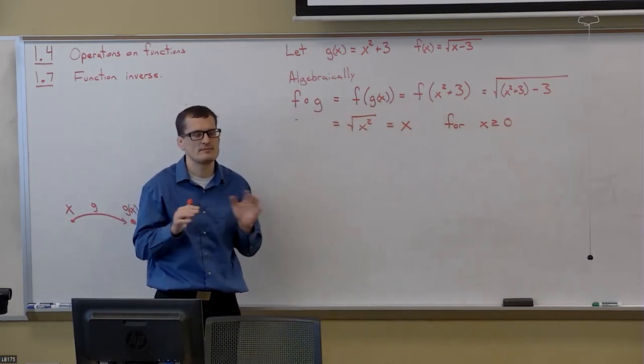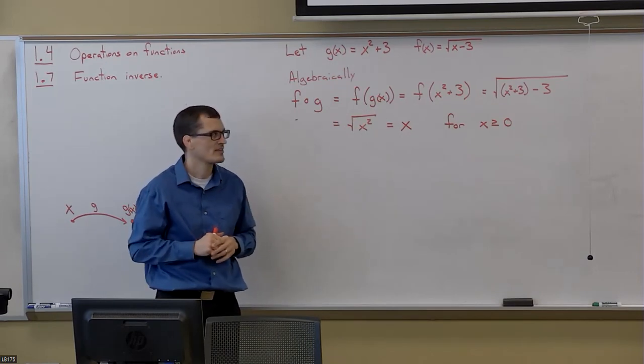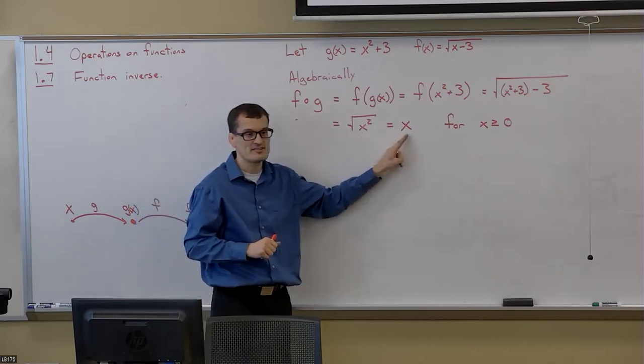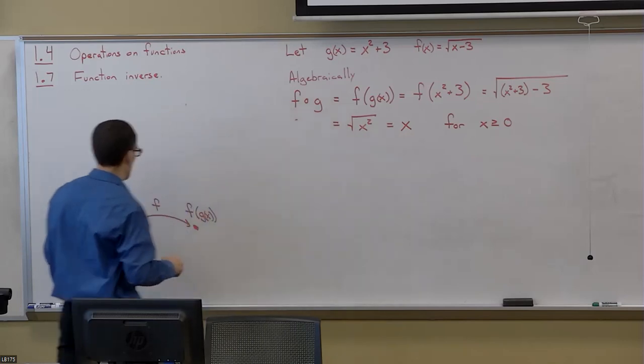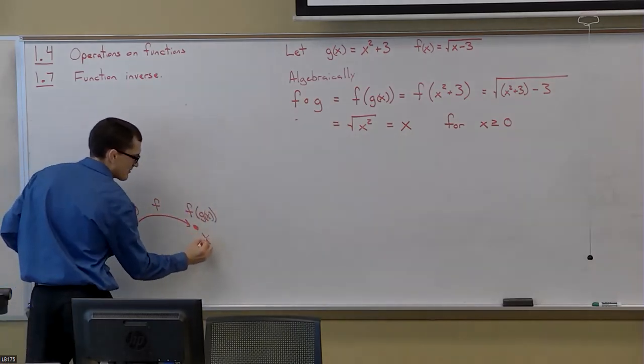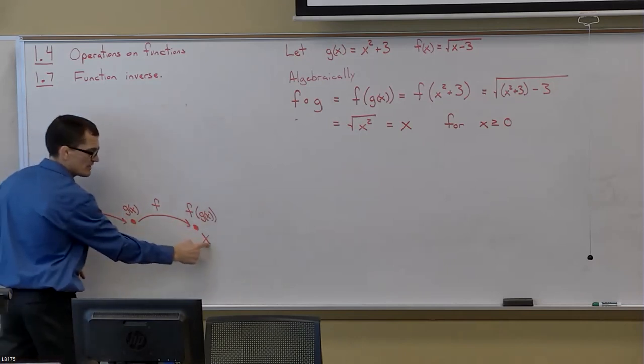So this is trying to demonstrate two things simultaneously. First thing, when you compose two functions, you get back x. Now, if you think about what happens if you get back to x, what have you done? You've taken in an x and you've gotten back an x.